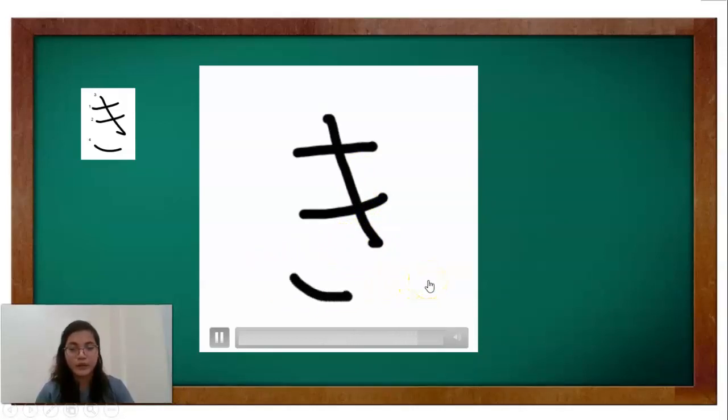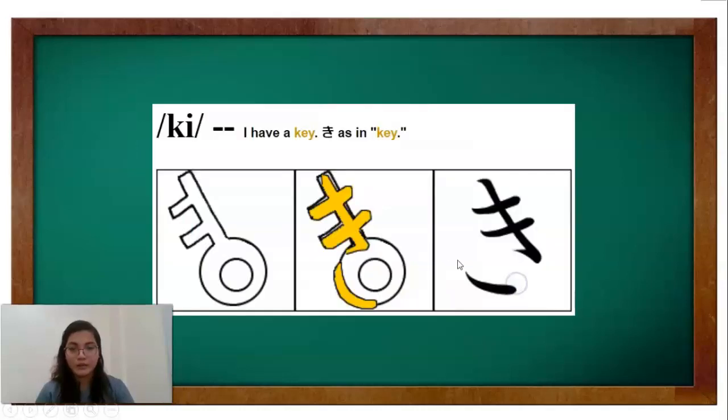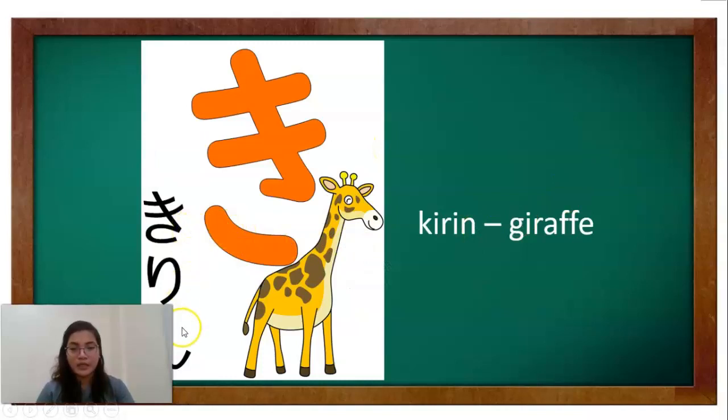To easily remember this, just imagine that you have a key. So Ki as in key. Okay, so here's an example. Kirin. Kirin means giraffe.